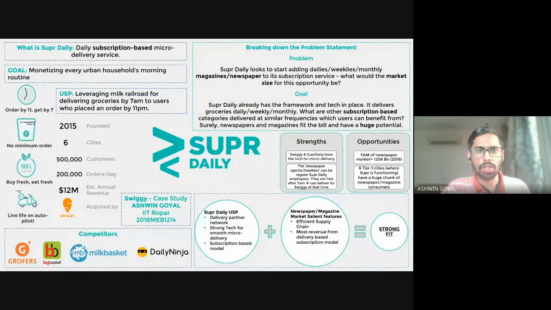So the question that was asked to me was that Super Daily looks to add daily or weekly newspapers or magazines to its subscription service. Let me show the question to you. So Swiggy was looking to add this.